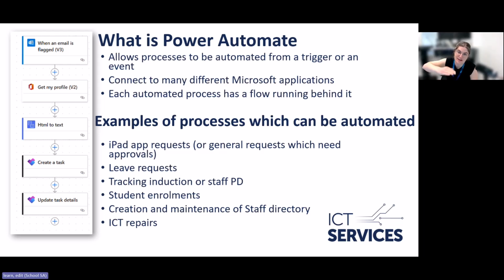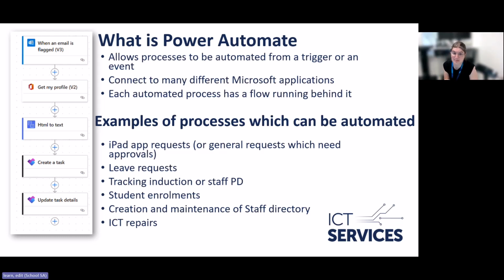And behind each of those automated processes, there's something called a flow. So you can see on this screenshot here, this is the flow that we're going to create today. And it's just got 5 steps. But flows can be really complicated, and you can use them to do all sorts of things just from one trigger.